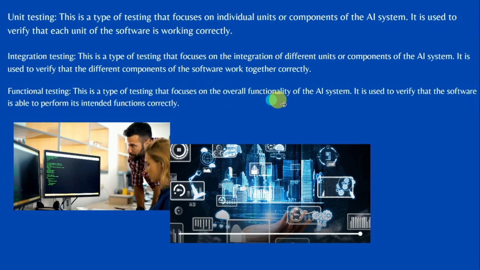If your AI system is a robot system, and you want it to serve food in the restaurants, or any other functionality or task that you want your AI robot to do, then it should work as per the requirement. It is used to verify that the software is able to perform its intended functions correctly.